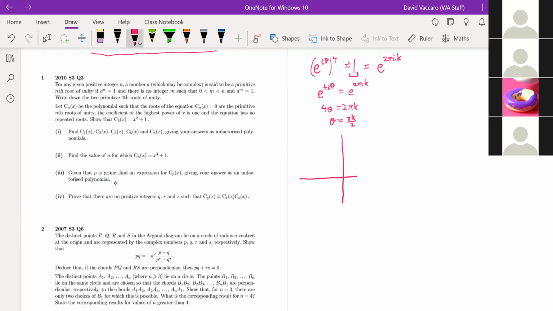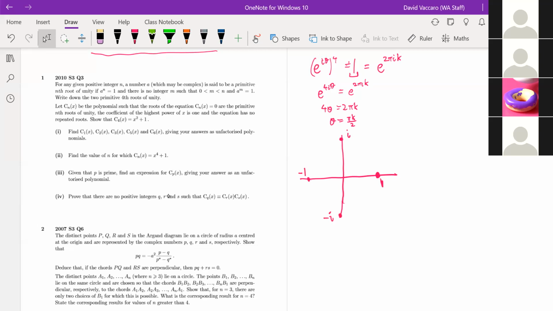So the values of θ are: if k is 0, we just get 1. If k is 1, then θ is π over 2, so we get i. If k is 2, θ is π, which gives me negative 1. And if k is 3, we get negative i.